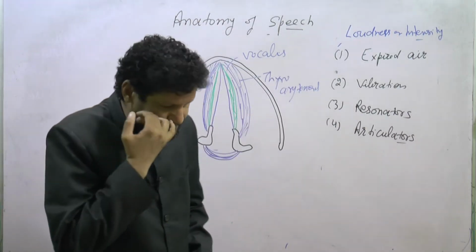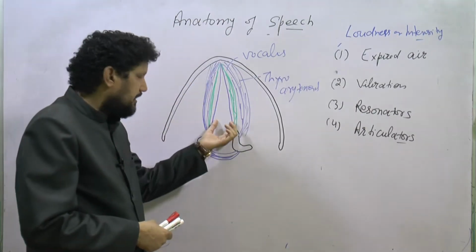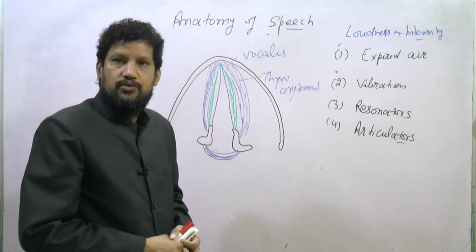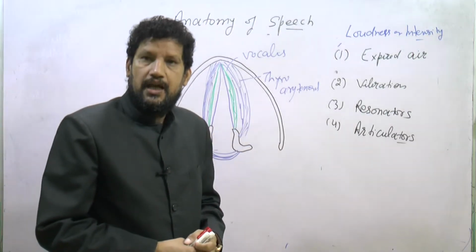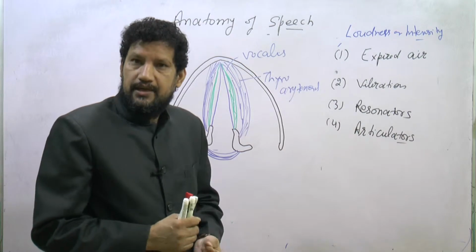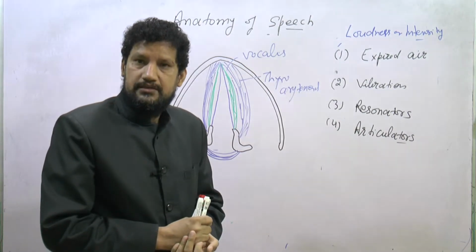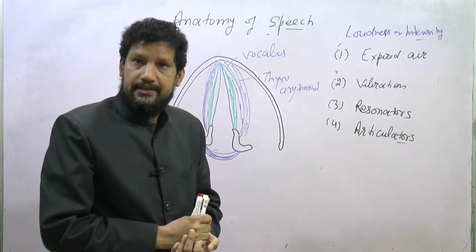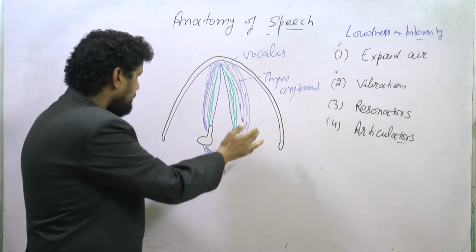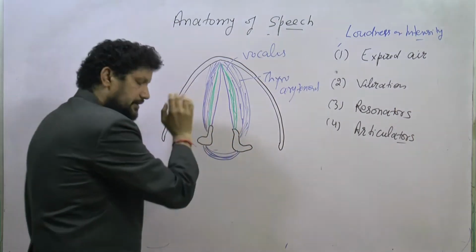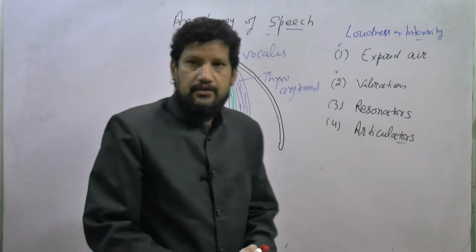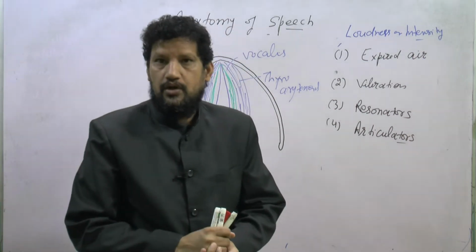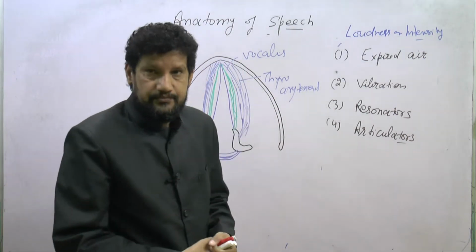When we talk, both are coming in contact with each other. So to prevent the abrasion, it is covered by stratified squamous non-keratinized epithelium. After covering with the mucous membrane, it is known as the vocal fold or vocal cord.